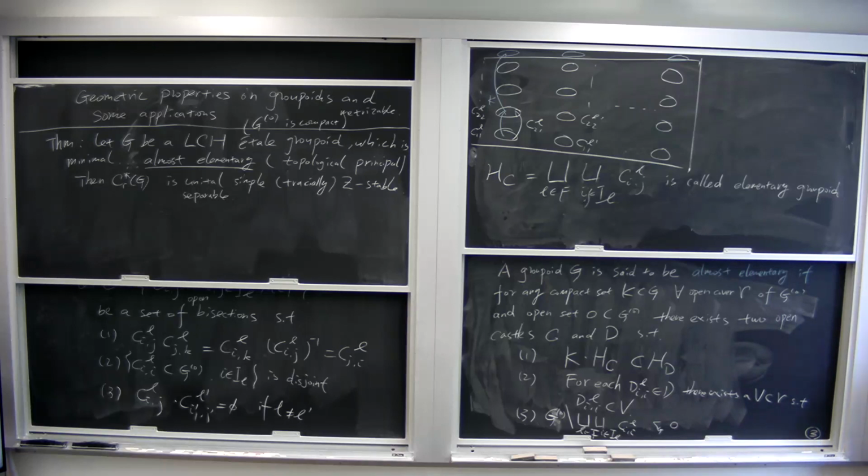In this case, what we have shown is that pure infiniteness for the groupoid is, in some sense, equivalent to almost elementariness, and we verify pure infiniteness for such groupoids for unital UCT Kirchberg algebras. So that's an example.